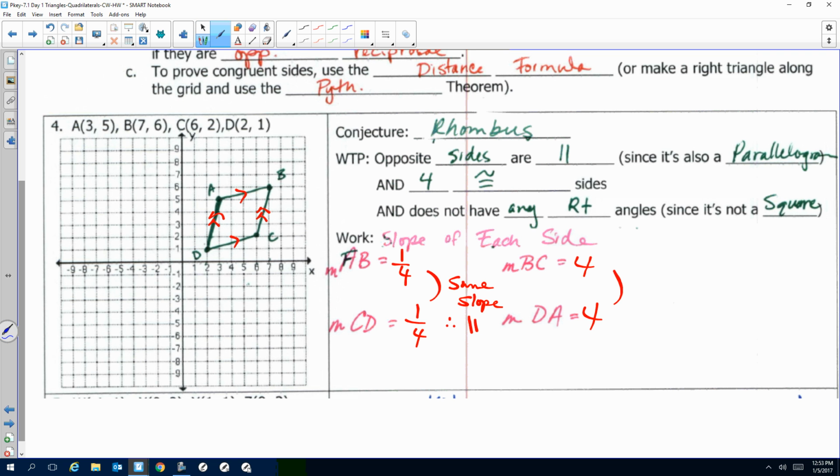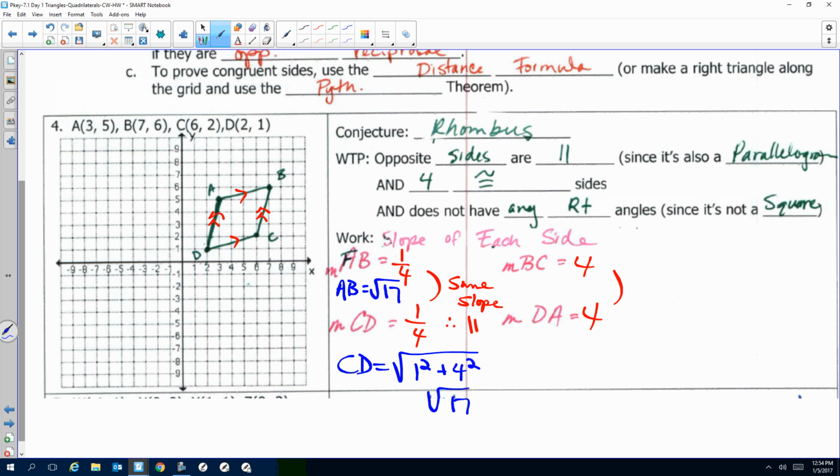So if I'm looking at, let's say, CD, its length. Using my slope, I can just take the square root of 1 squared plus 4 squared. That gets simplified to the square root of 17, which we know has to be the same as who? AB. They have the same ratio, okay?